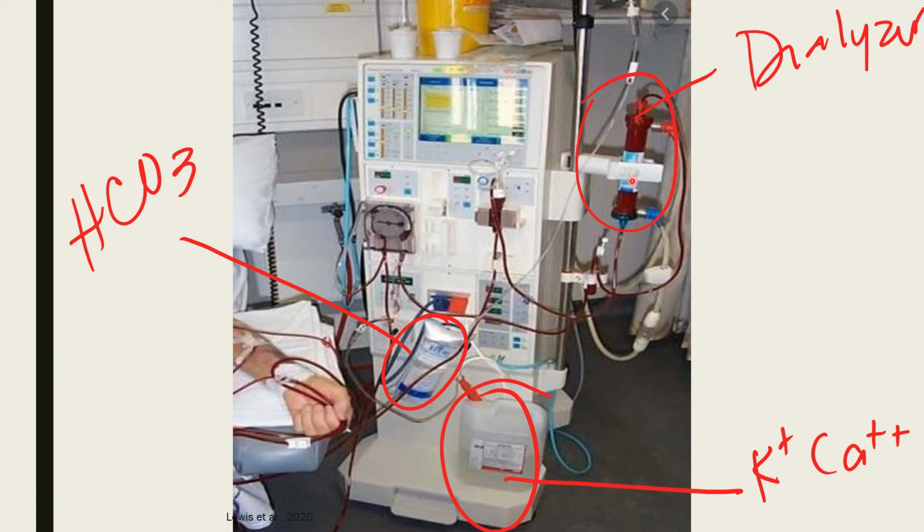So if your stomach is not as strong, or if you get nervous looking at it, because it's really a lot of blood, and this blood is coming from the patient. Here are the electrolytes, here's the bicarb, here's the machine.